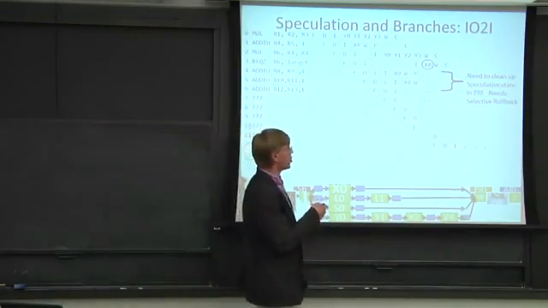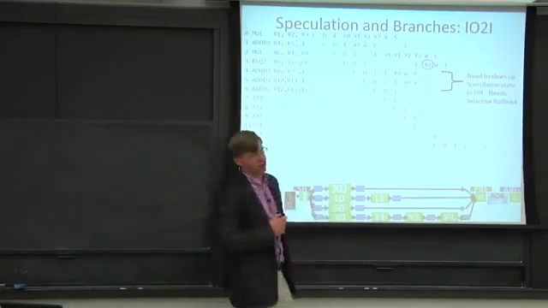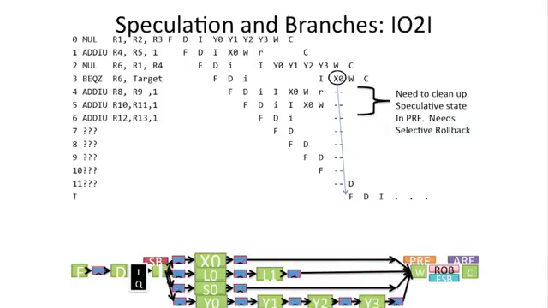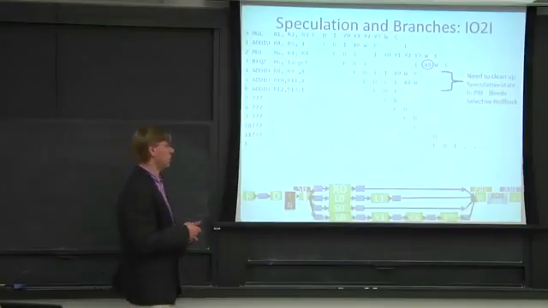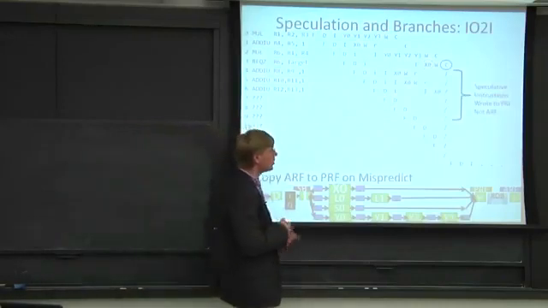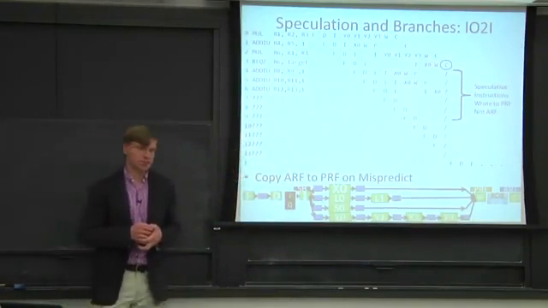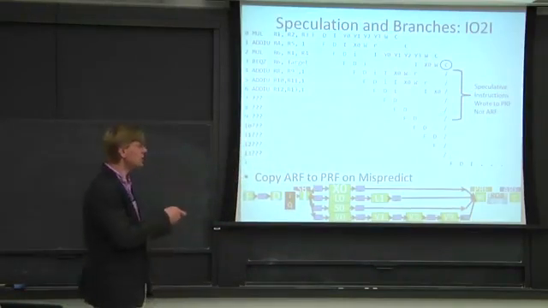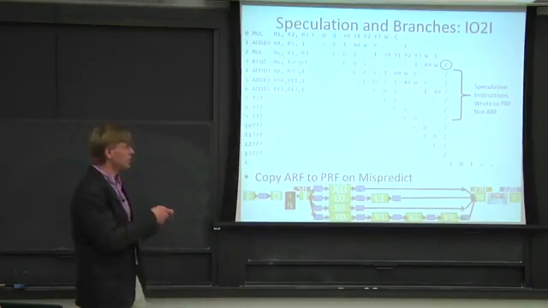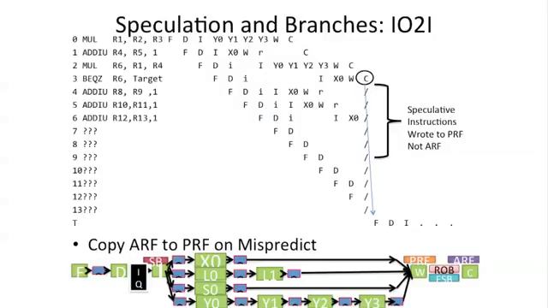Or rather, you're going to have to track which physical registers need to be rolled back on a speculation mispredict. Something a little bit easier is just to wait to the commit stage. If we wait to the commit stage, as we commit, we know that all of the previous instructions of this branch have committed now to the architectural register file.